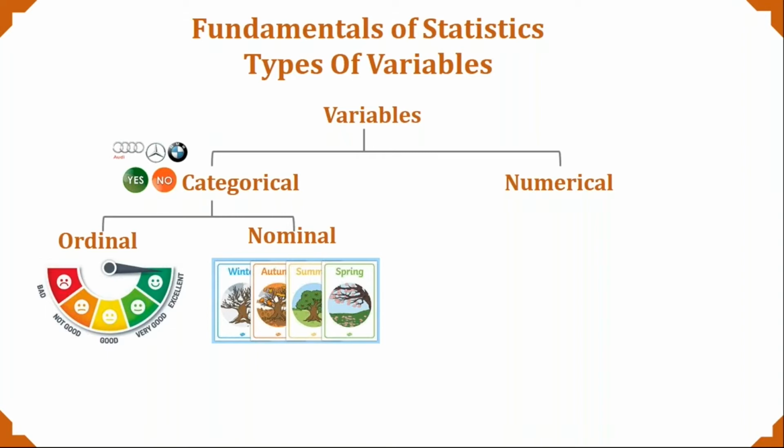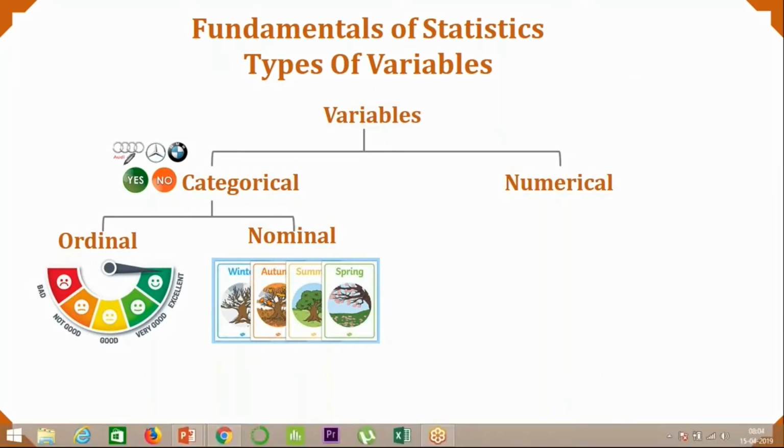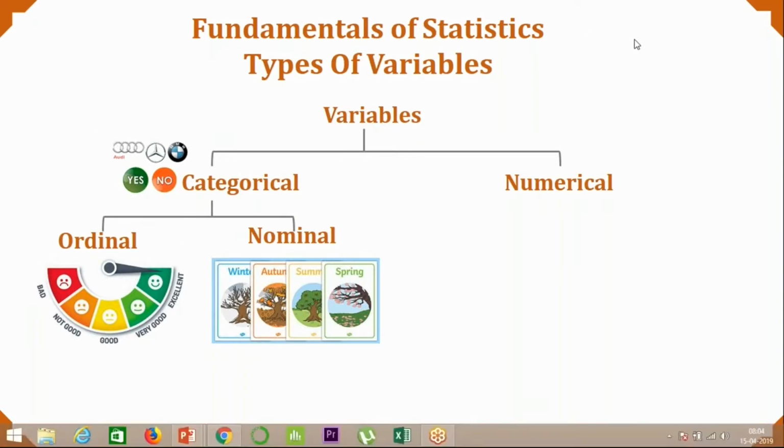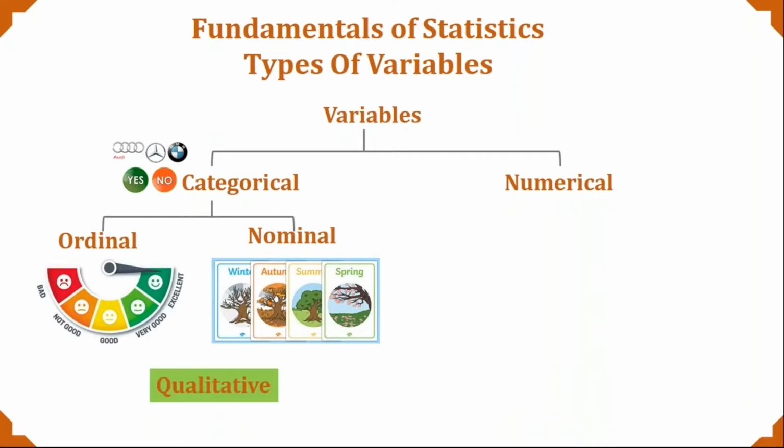So that is the way the categorical data is divided into ordinal and nominal. So all these things are nominal, right? And ordinal has a rank to it, right? So that's the difference between ordinal and nominal data. And these categorical data are called qualitative data.